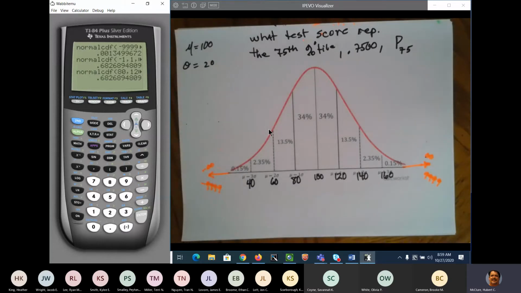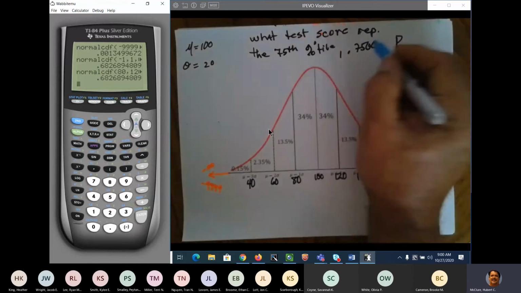Now, the good thing about the newer calculator is it will tell us the answer, because all we have to do is type in the probability and the mean and the standard deviation. But with an older calculator, you're going to have to do a little bit more handwork. First of all, we need to find where the 75th percentile is.